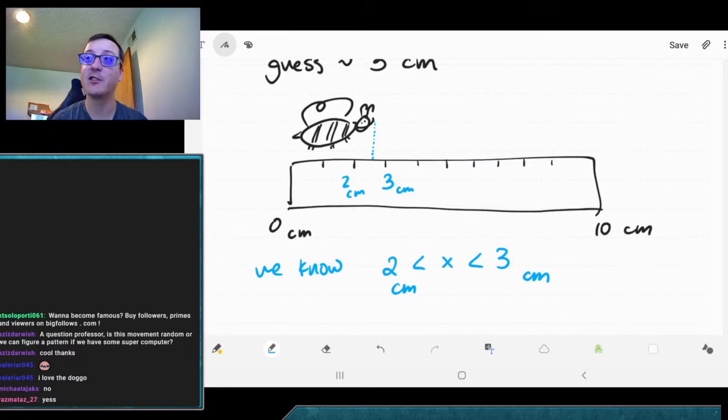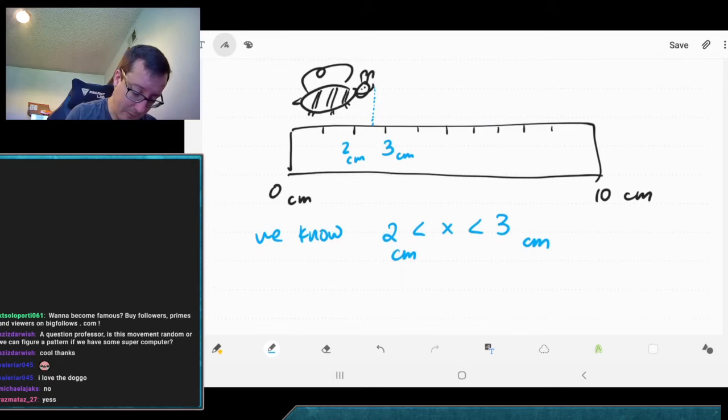Because now our instrument is a little bit better, we have a better shot of getting this right. And so if we look at this, it looks to me as though this B is a little bit closer to the 3 than the 2, right? Maybe just a little bit.